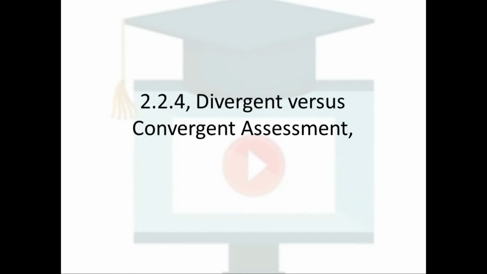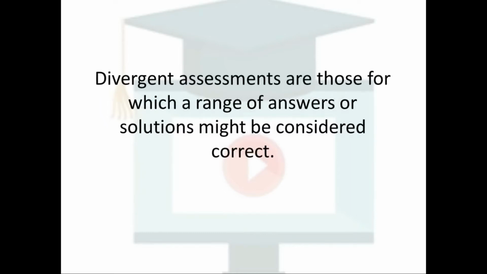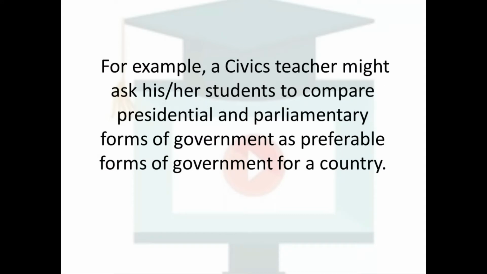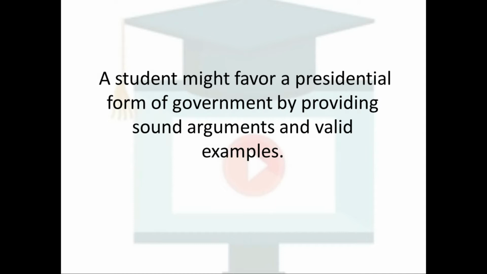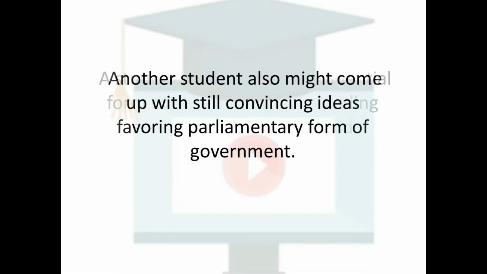2.2.4 Divergent versus convergent assessment. Divergent assessments are those for which a range of answers or solutions might be considered correct. For example, a civics teacher might ask his or her students to compare presidential and parliamentary forms of government as preferable forms of government for a country. A student might favor a presidential form of government by providing sound arguments and valid examples.